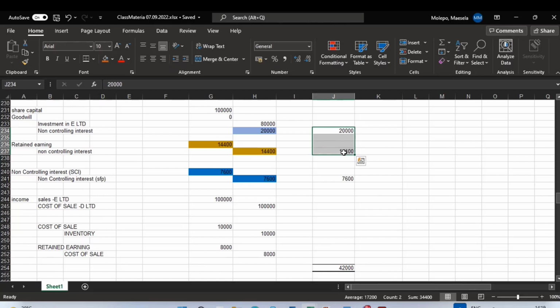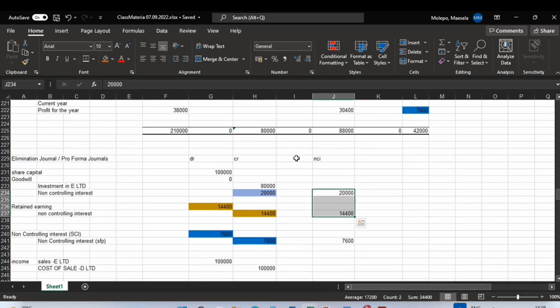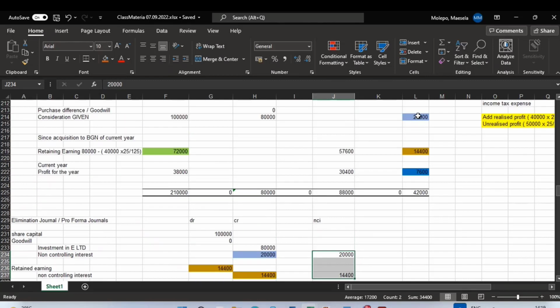When you add the two, the one at acquisition plus the retained earnings that happened since acquisition, which is the same as you see this, the 20 and 14,400.